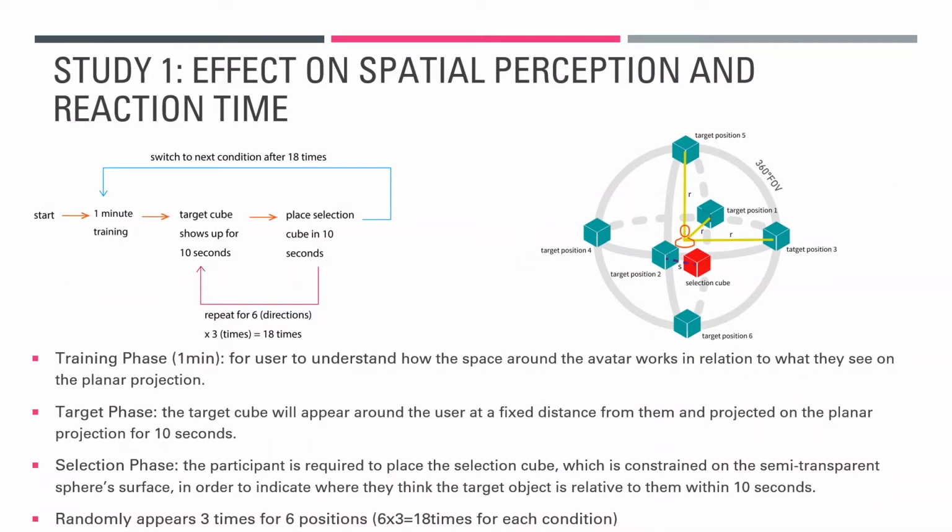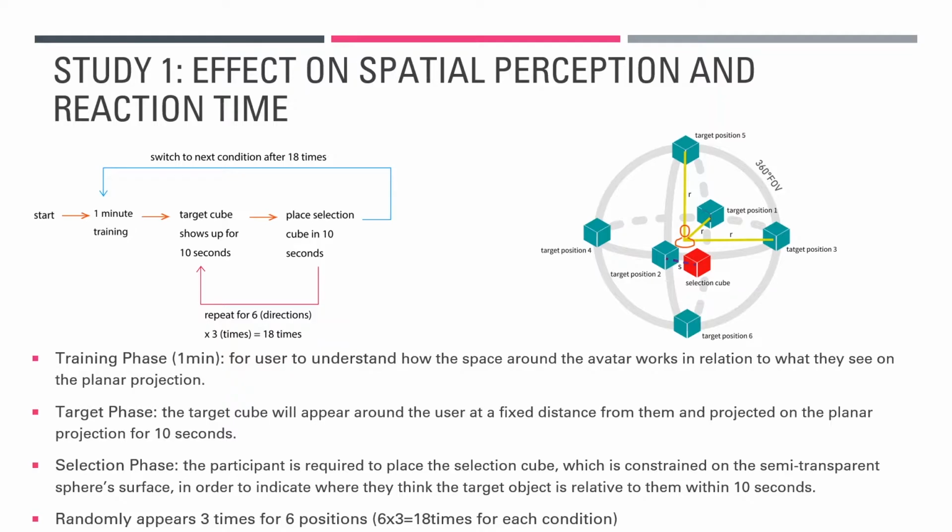In order to evaluate the spatial perception and reaction time of the participant using our system compared with the conventional rectangular view, we conducted user study 1, which is a searching task in a virtual environment.